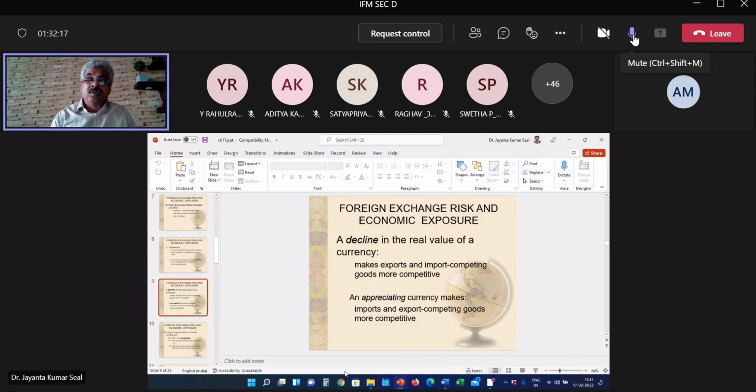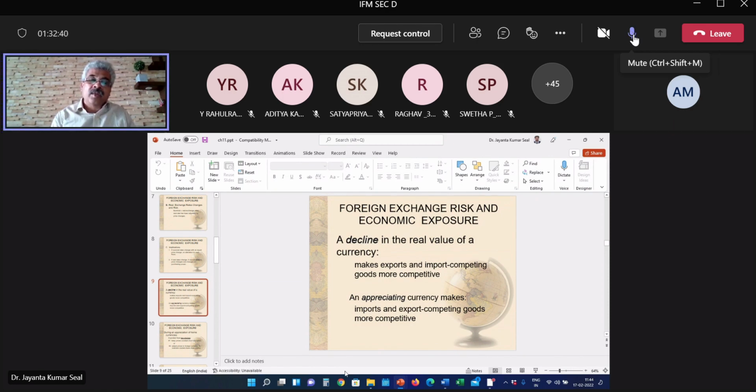The goods for which there is an import substitution, or which you can import, and the goods which are available and competing with that import. As I've told you, Indian tea, you can import Sri Lankan tea.